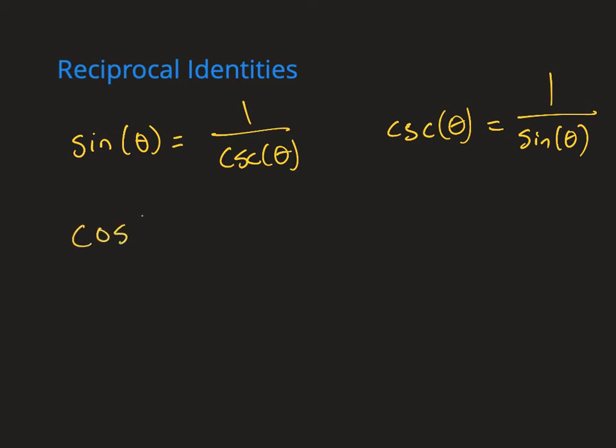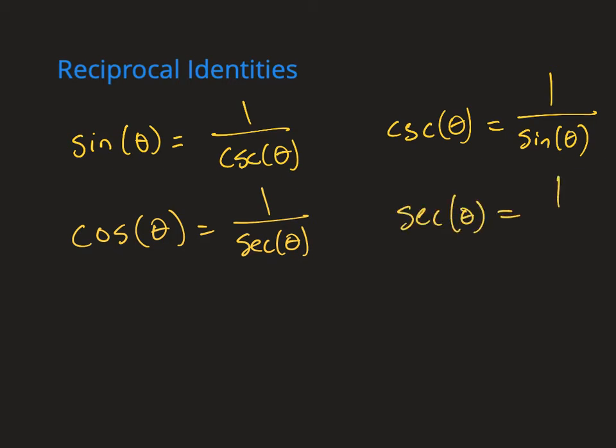Cosine is the reciprocal of secant. And therefore secant theta is the reciprocal of cosine theta. And then we know tangent and cotangent are reciprocals. So these are already things you probably know.